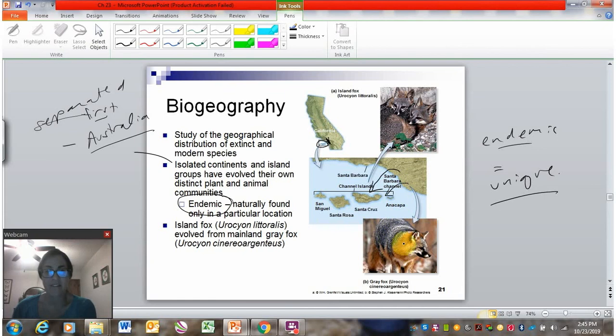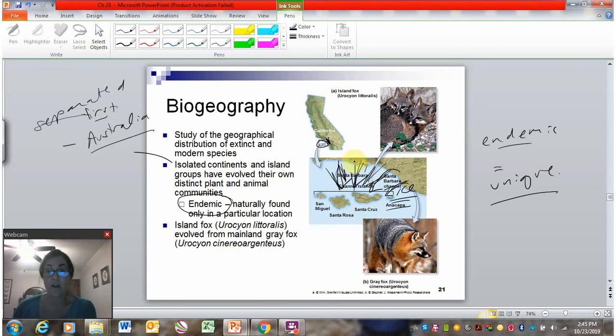So a fox can't swim from a mainland. So the way that the fox first got to the islands is through an ice bridge. So back during an ice age, there was ice across this area. And so because of the ice, the foxes could walk across that ice from the mainland to the island.